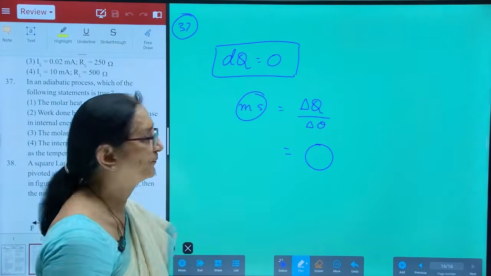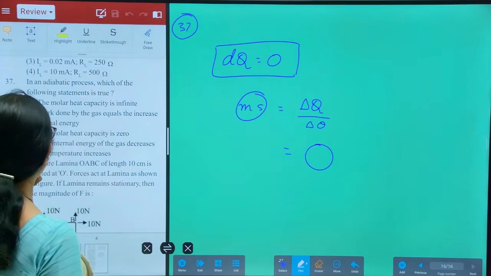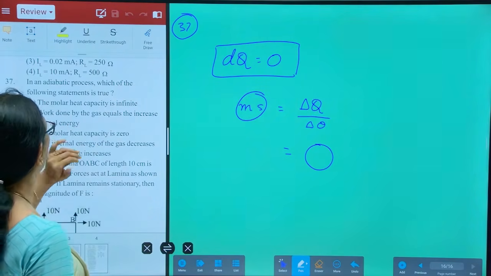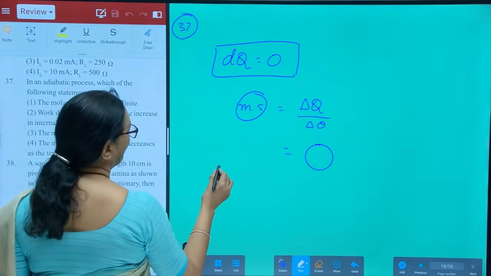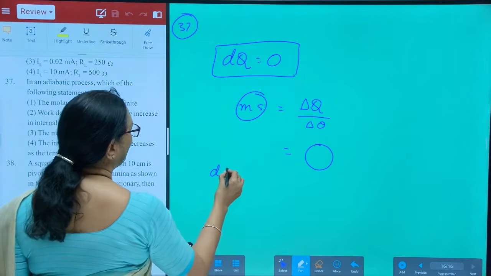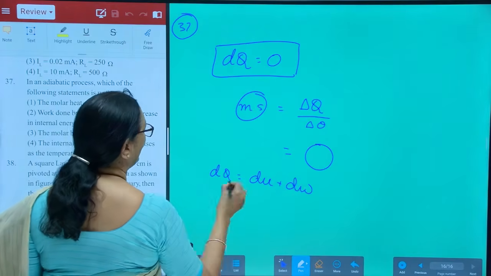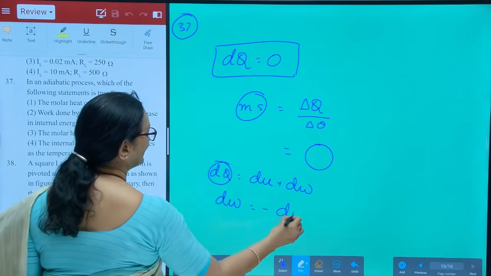So, the first option, molar heat capacity is given as infinity, is wrong. Second option, work done is equal to the increase in internal energy. If you go to the first law of thermodynamics, dq is equal to du plus dw. As dq is 0, dw is equal to minus du.